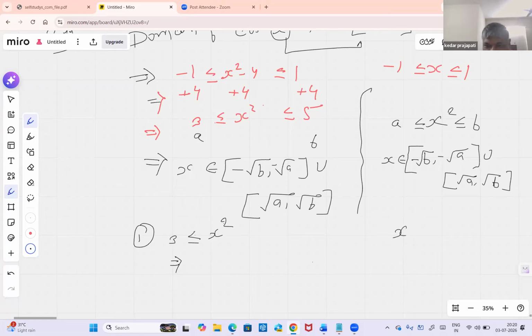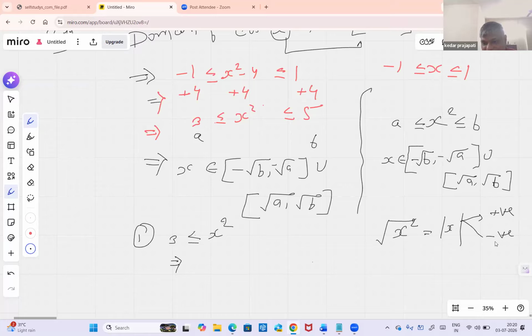If you're taking root of it, this will give mod x, correct? Now mod can be opened in two ways, right? Either it will be positive or it will be negative, right? This mod can be anything.